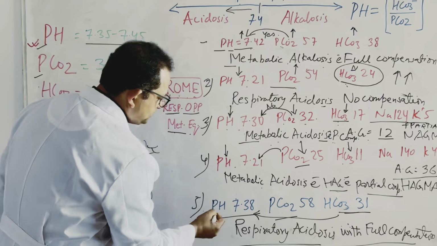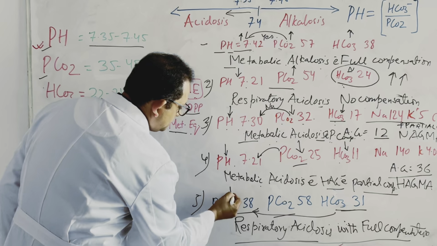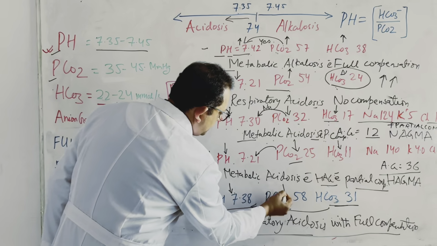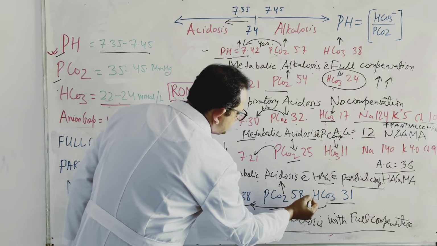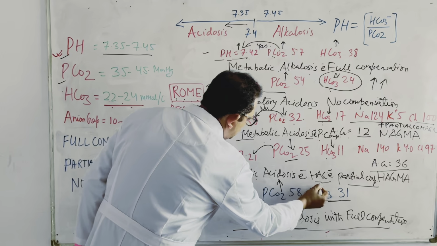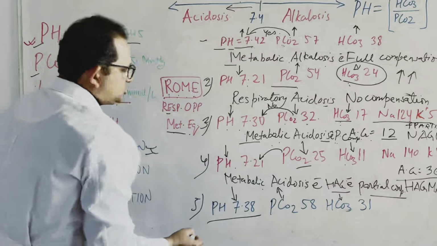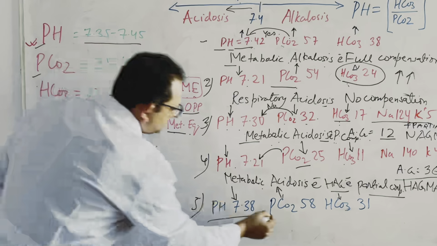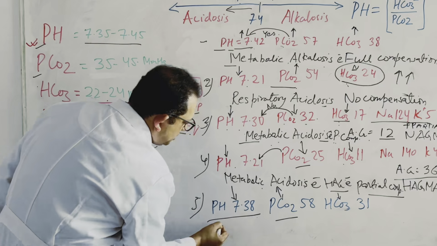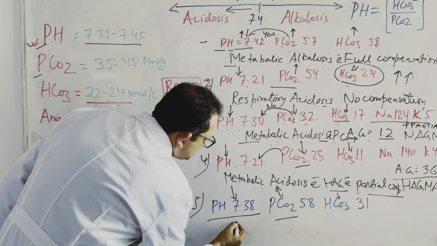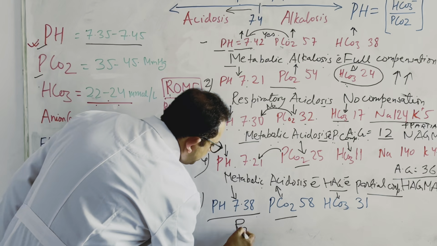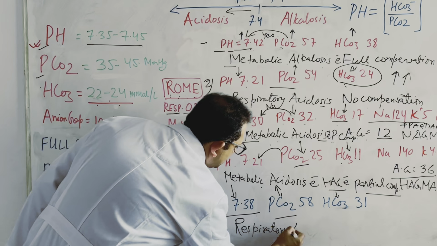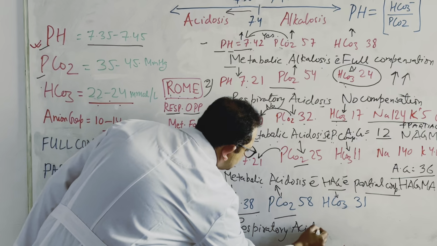The pH is low, PCO2 is high, and HCO3 is high. If you look at this formula, respiratory opposite. PCO2 is going opposite to the pH. That means respiratory acidosis.